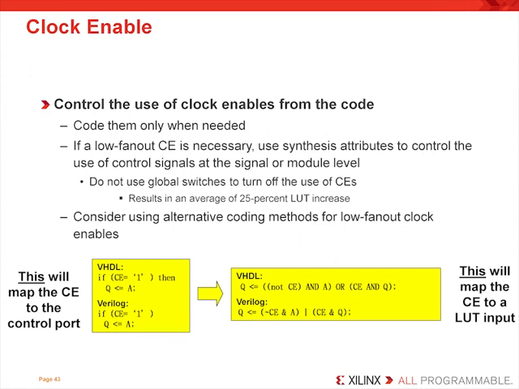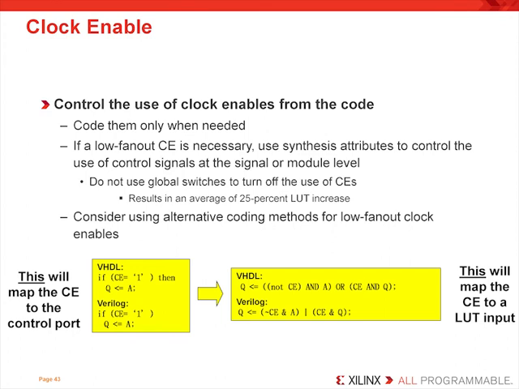If a low fan-out clock enable is necessary in your design, use your synthesis tools attributes to control this. Do not use the global switch to turn off the use of clock enables. This can create big problems for you. To code for a local clock enable, we recommend you follow our suggestions you see here.